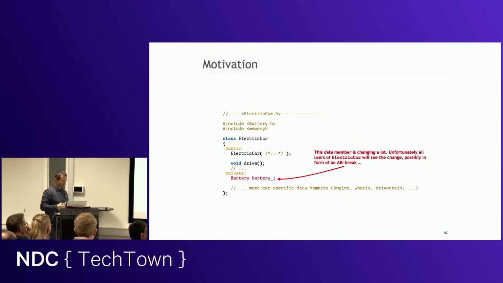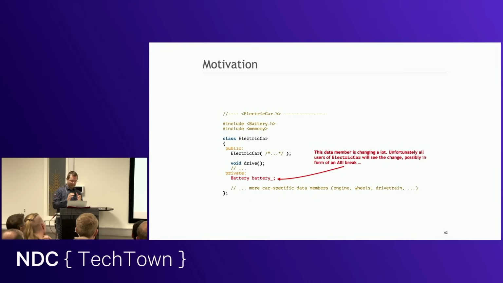So if you now consider this in terms of a class, some electric car class, then this class might have a data member called battery, of course. However, having this data member as a concrete type might actually create a lot of change indeed.